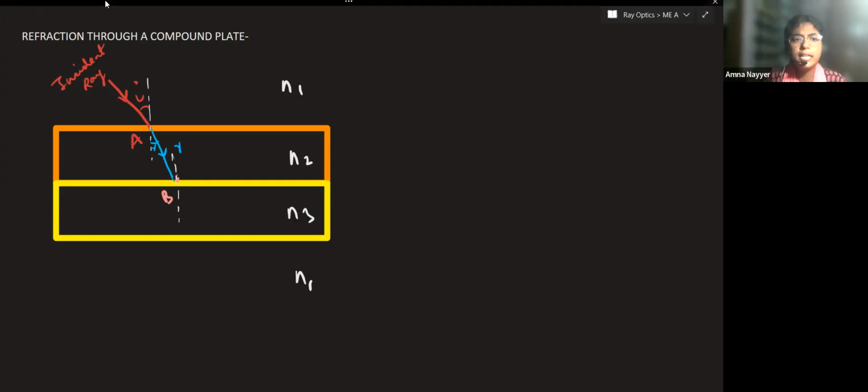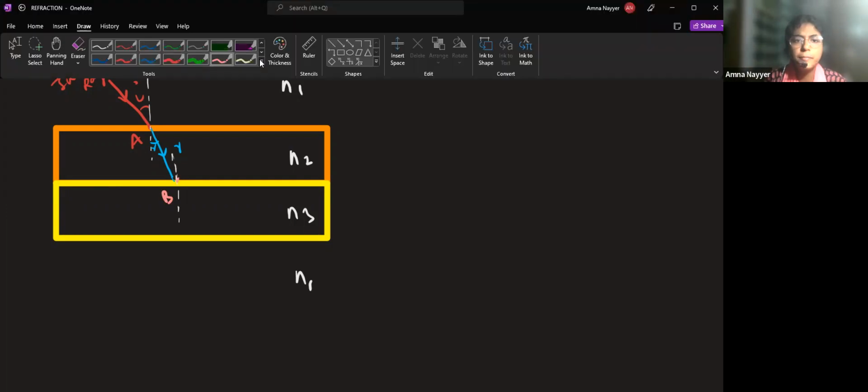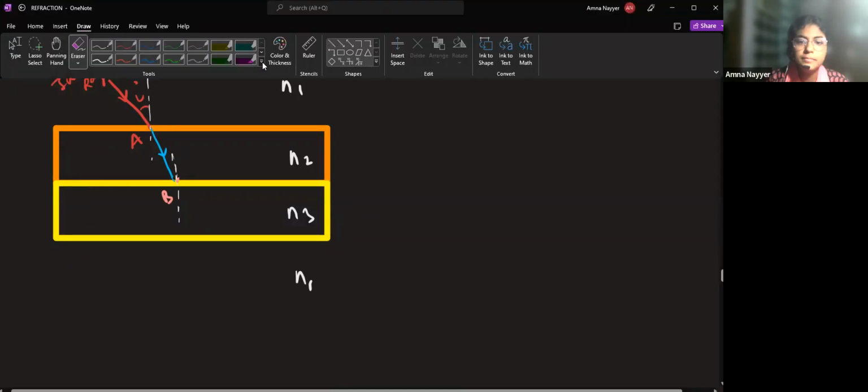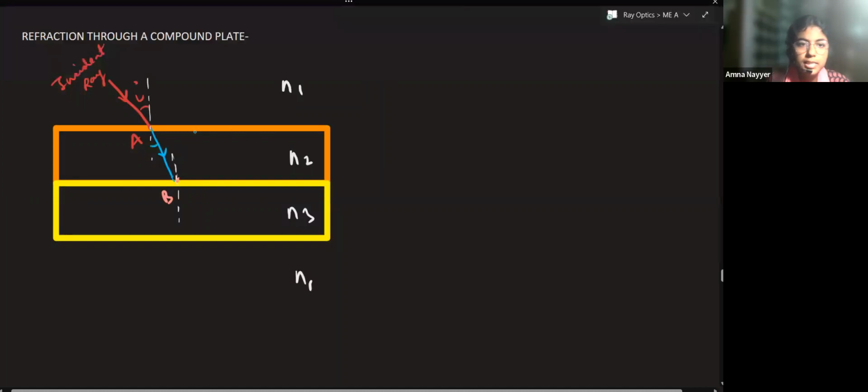Let's write this angle as R1. This is R1, so this will also be R1, the angle of incidence.